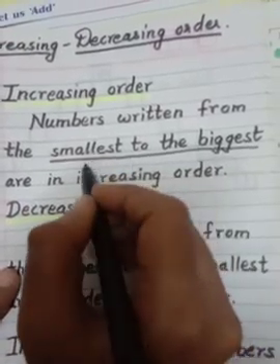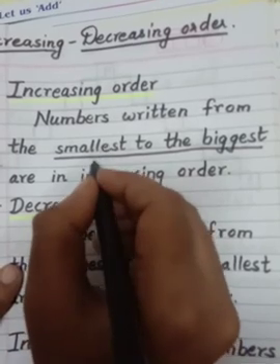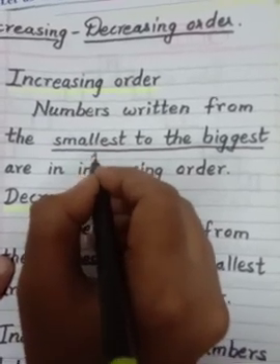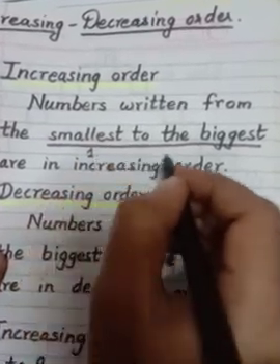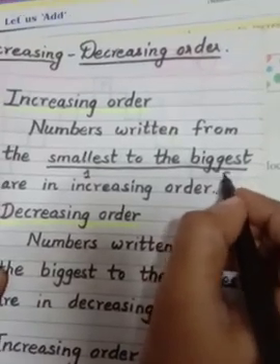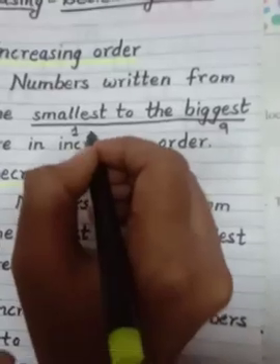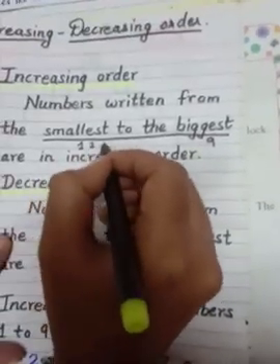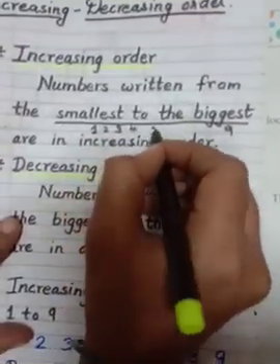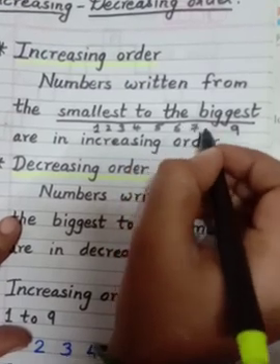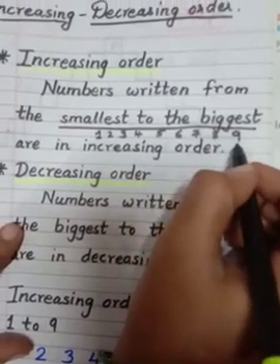In increasing order we wrote the smallest number 1, and we ended with the biggest number 9. Understood? Yes? 2, 3, 4, 5, 6, 7, 8, 9.